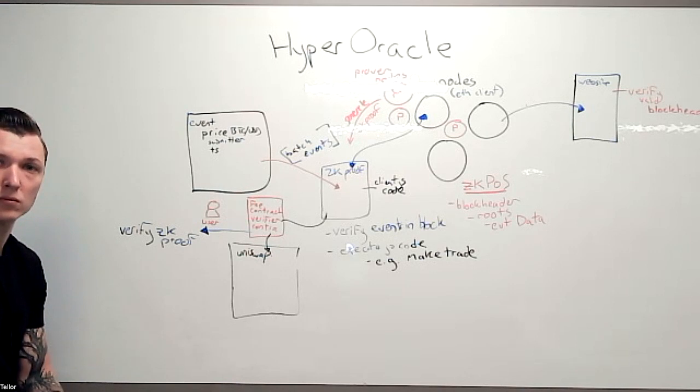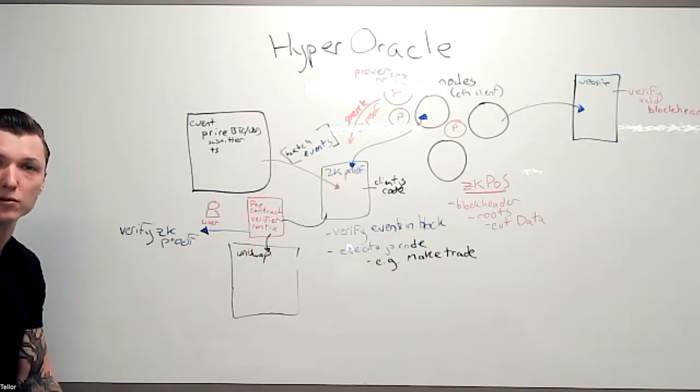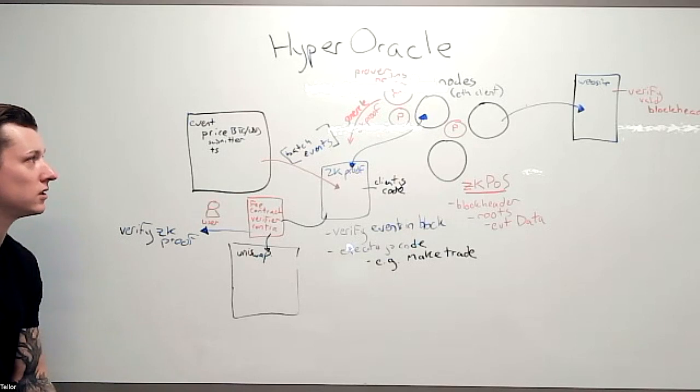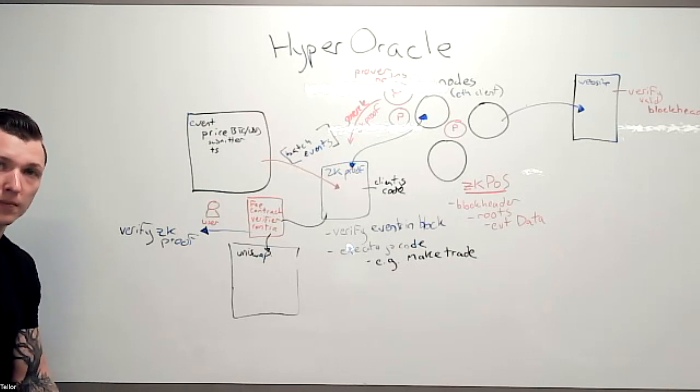How would you verify the setup though? If you're creating the original keys and stuff like that, who does that? That's the prover nodes. This setup is also called a ceremony, something like that.